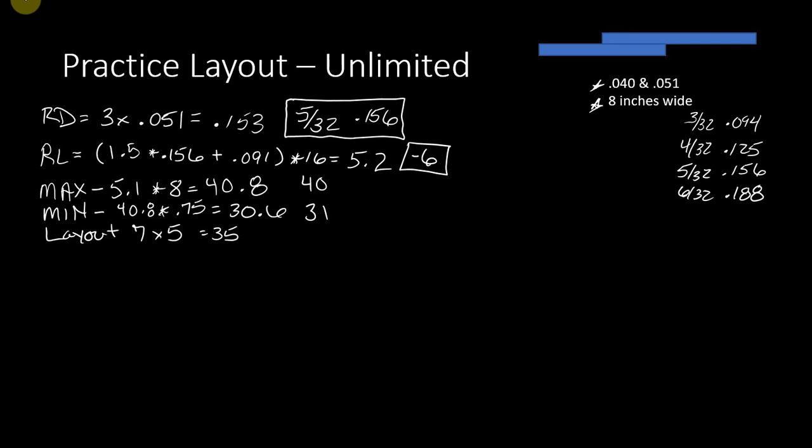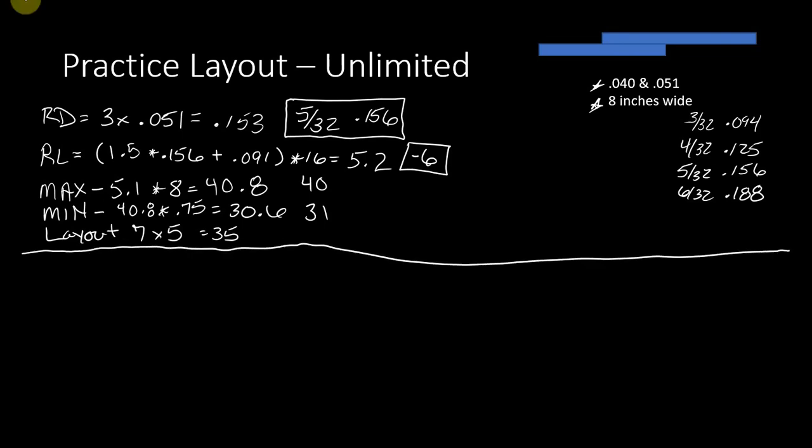So the first thing to do in our workout, let me underline all this, is find our edge distance. So we're going to do 3 times our rivet diameter of 0.156. And eventually all of this just kind of comes in your head. It's kind of funny how all the numbers get stuck in there when you do so much of the math.